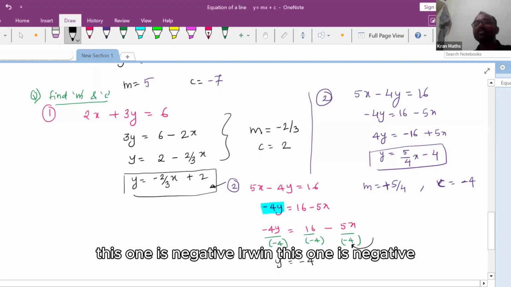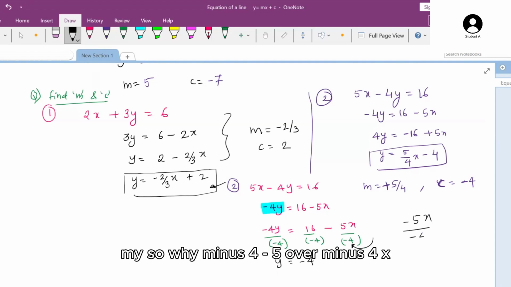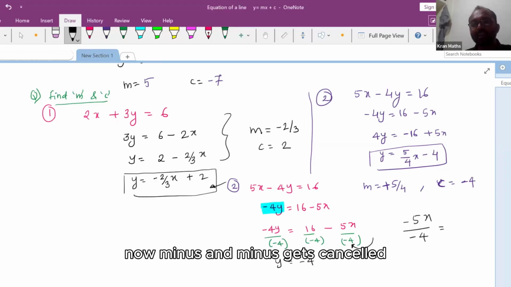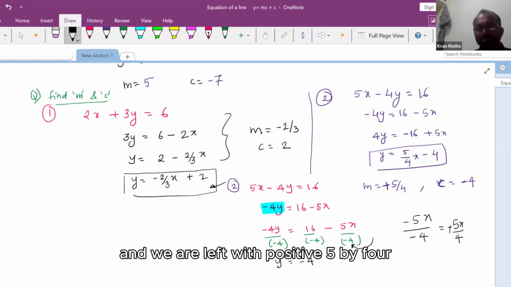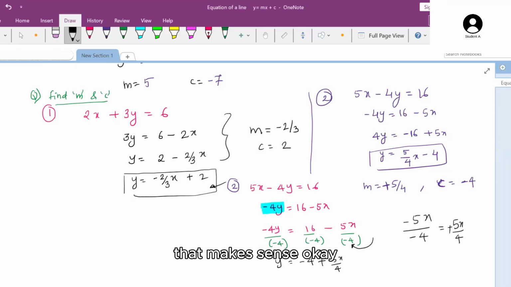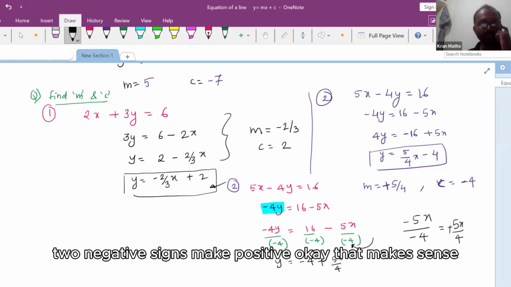So y equals minus 4 minus 5 over minus 4x. So it's like minus 5x over minus 4. Now minus and minus get cancelled and we are left with positive 5 by 4. Oh, okay, that makes sense. Because there are two negative signs. Two negative signs make positive. Okay, that makes sense.